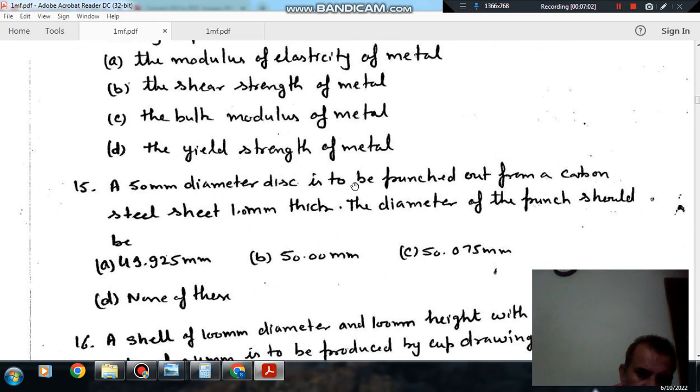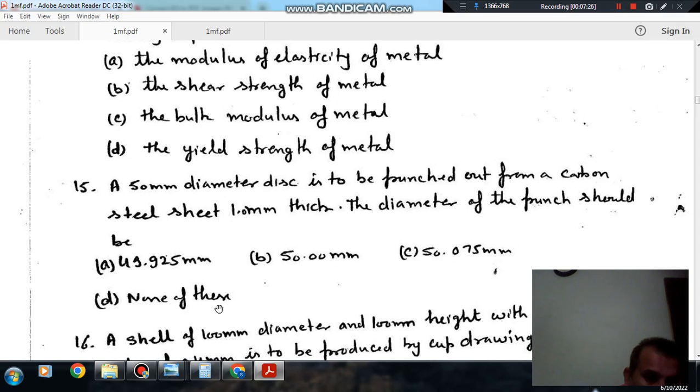Next, question number 15. A 50 mm diameter disc is to be punched out from a carbon steel sheet 1 mm thick. Diameter of the punch should be option A 49.925, option B 50.00 mm, option C 50.075 mm.